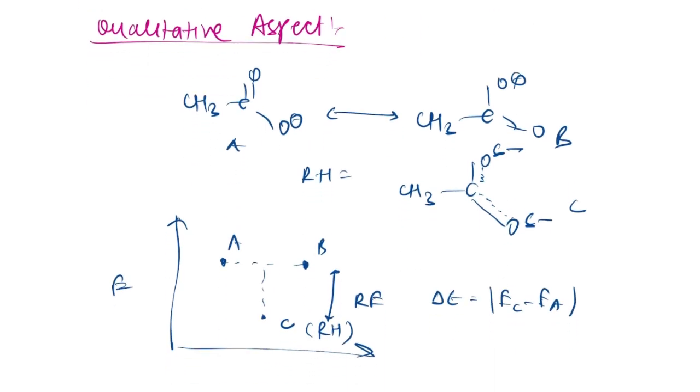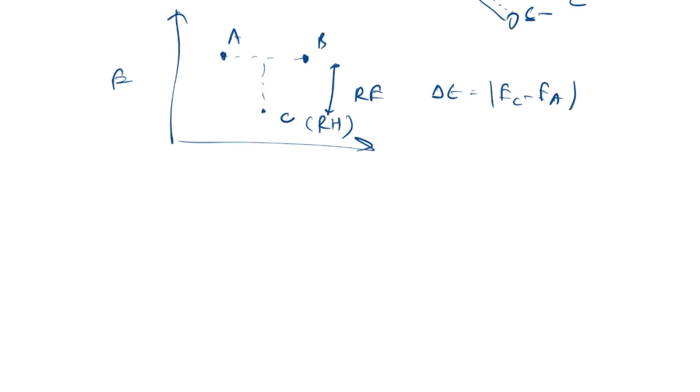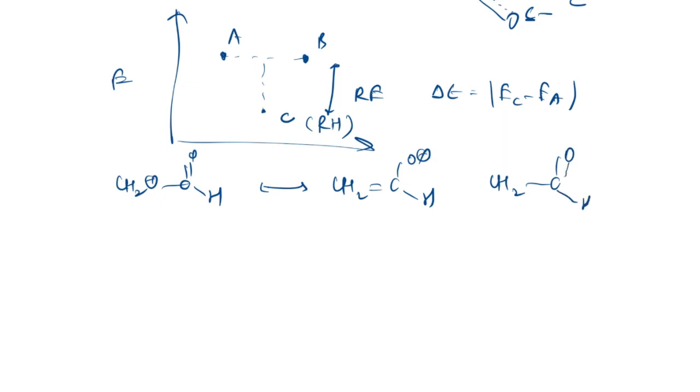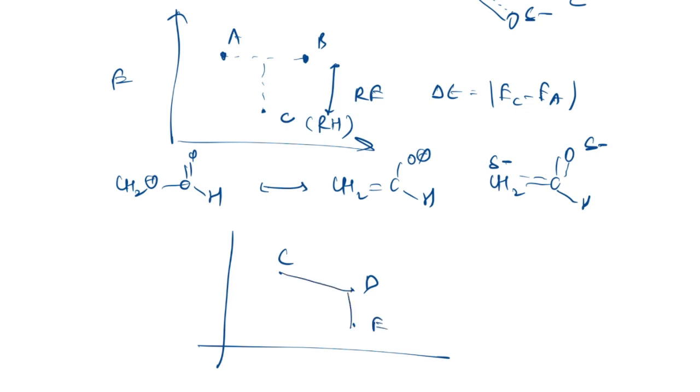Now, if they are not equally contributing, let's talk about CH2 minus C double bond OH, and its resonance structure is CH2 double bond C O minus H. So it is CH2 C OH, with delta negative here and delta negative here. C, D, and E: the energy difference between D and E, and C and E, is the resonance energy, because D is the most stable.